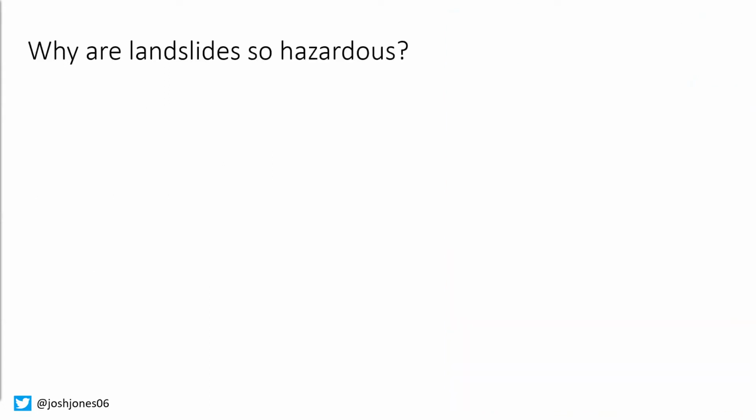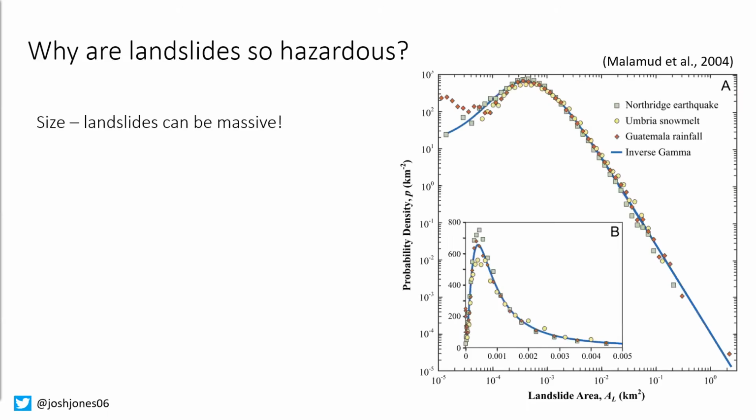And this leads to the question of, well, why are landslides so hazardous? There are many reasons that make landslides hazardous, and I'm going to go through a few of those now. First off, landslides can be absolutely massive. This figure shows the size distributions of several differently triggered landslides in various places from around the world. Now, don't worry too much about understanding this figure.